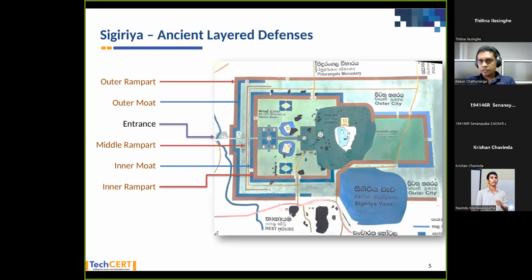This is a very good approach in security, and it is considered one of the bases in designing any application or system for information security. We call this a layered defense system.